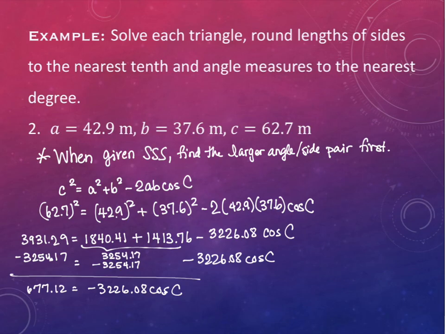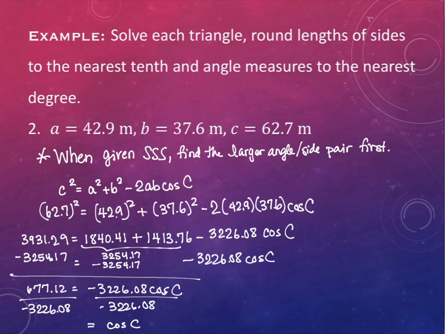I mean, I didn't ask if it looked good, but does it make sense? Okay, what would my next step be then? What do I need to do? To divide. Yeah, I'm going to divide now. So I'm going to divide by that negative 3226.08. So my negative 3,226.08 gets divided. So my cosine of C is left on the left.